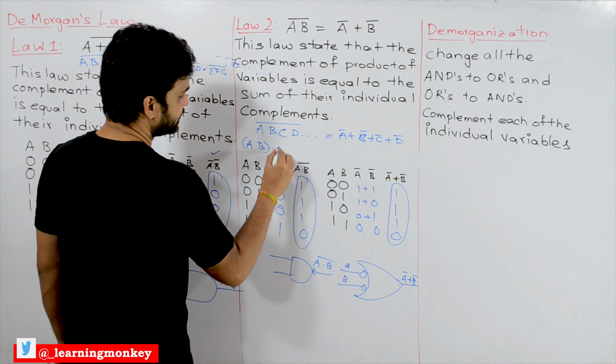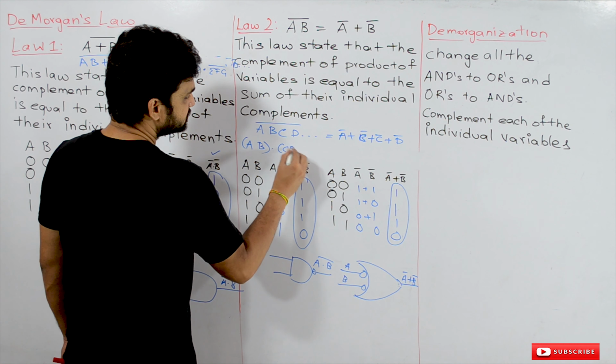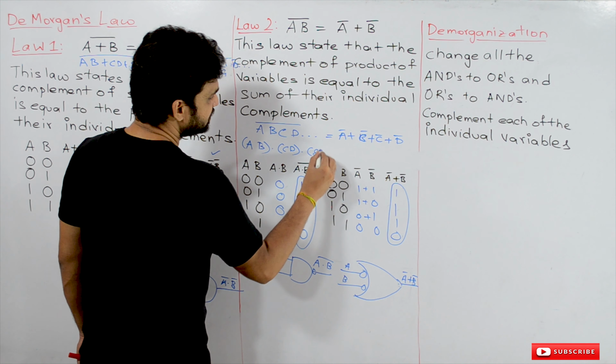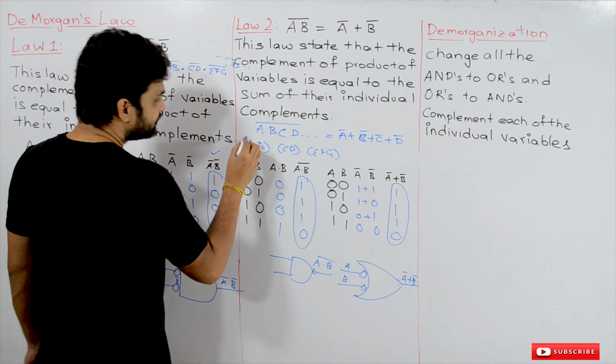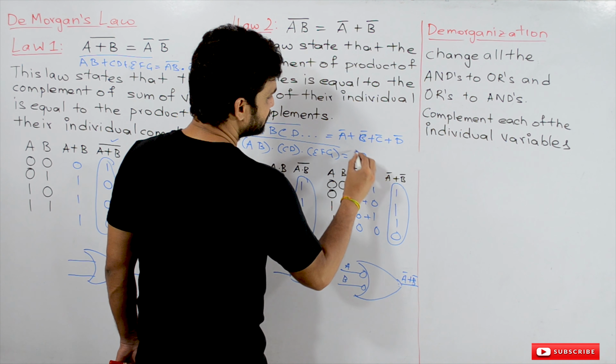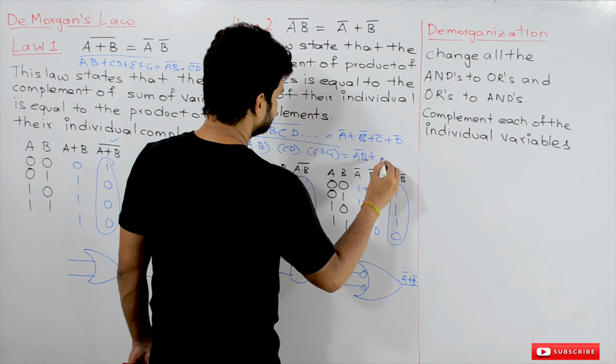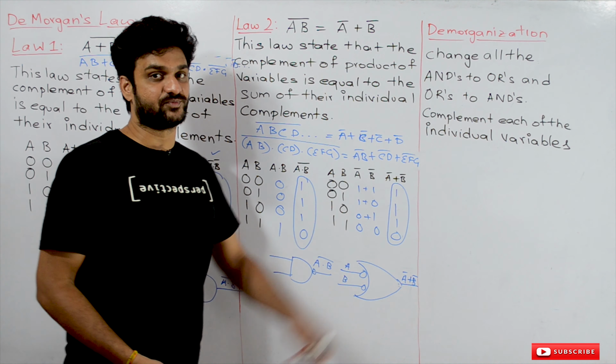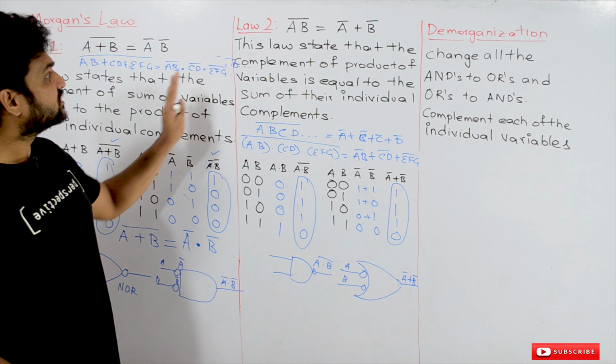For example, if you take AB dot CD dot EFG, and you find the complement of this, this is equal to AB complement plus CD complement plus EFG complement. Both of them are going to produce an equivalent output.